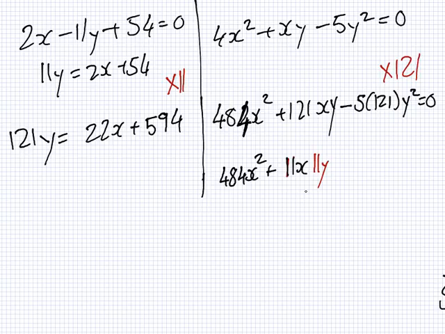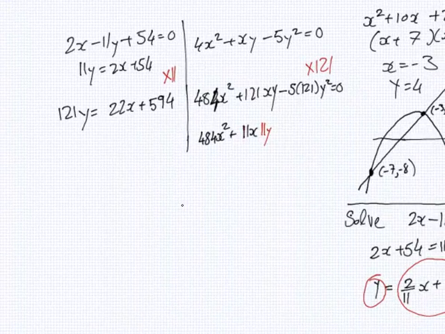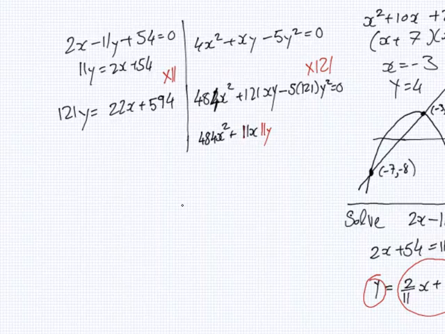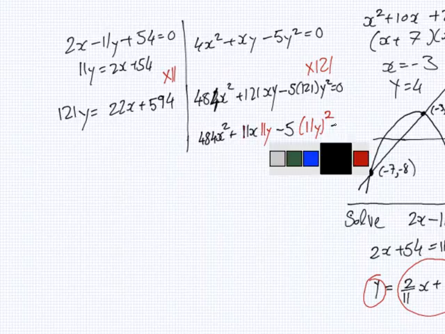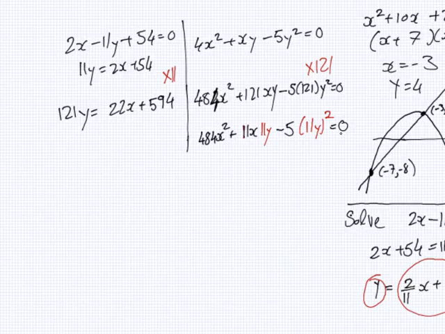I changed the 121 into 11 times 11. And then here I'll change this into minus 5 times 11y squared equals 0. So I multiplied this by 121, and I changed the 121 into 11 times 11, and this 121 here into 11 squared.